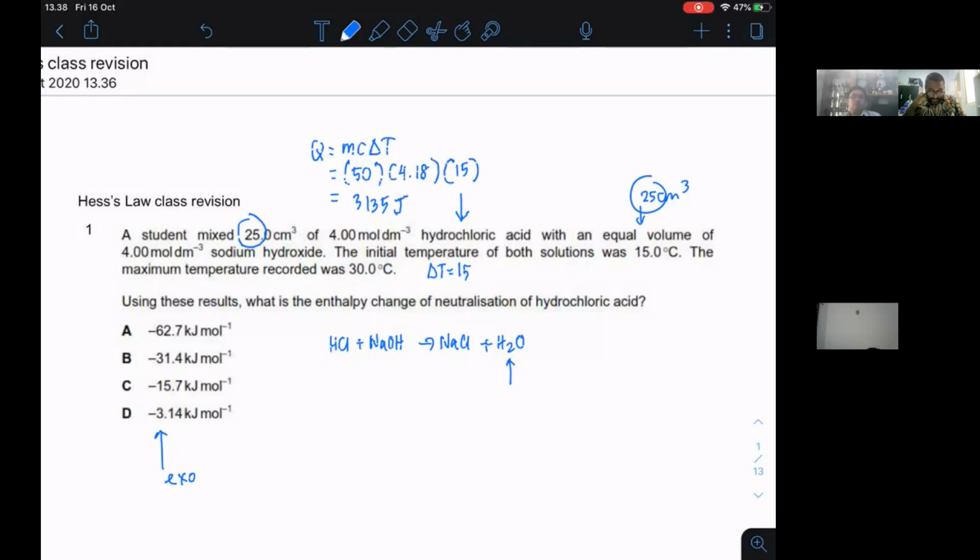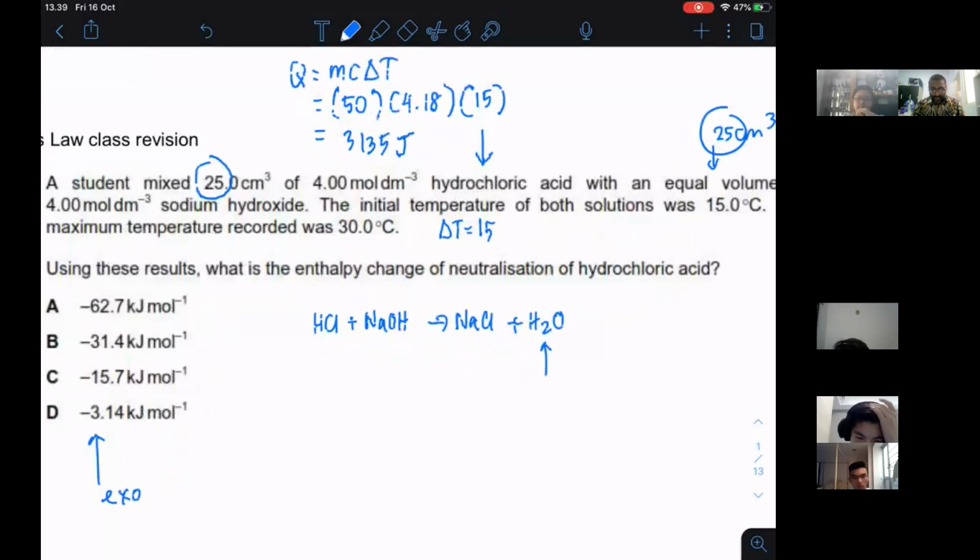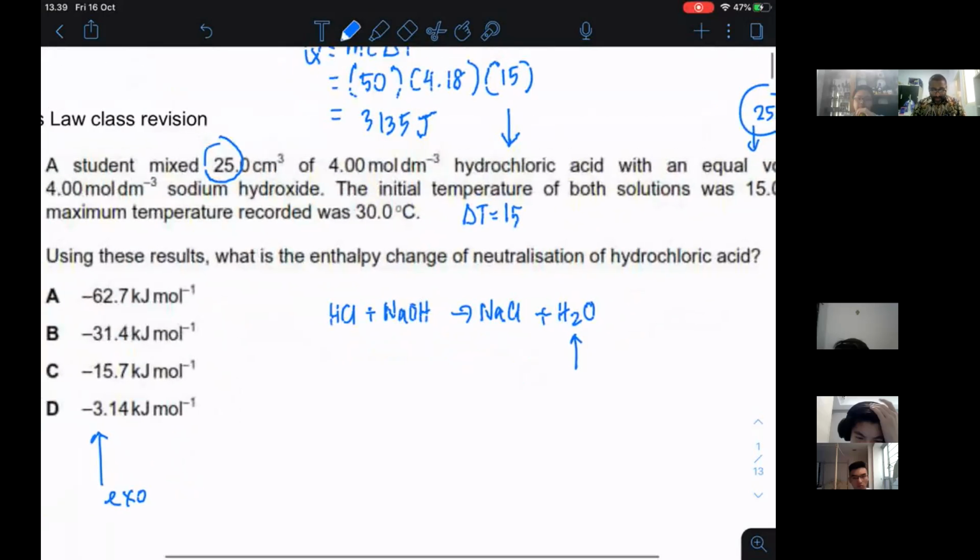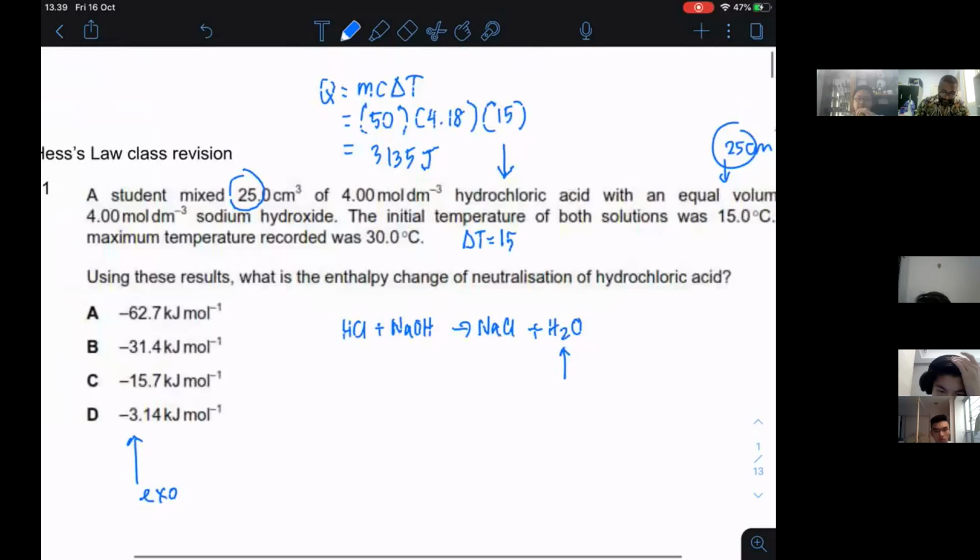Now we want to find out what the enthalpy of neutralization is. The enthalpy of neutralization is when 1 mole is being formed. So in this situation, when you have 25 cm³ and 4 mole per dm³, how many moles do we have?